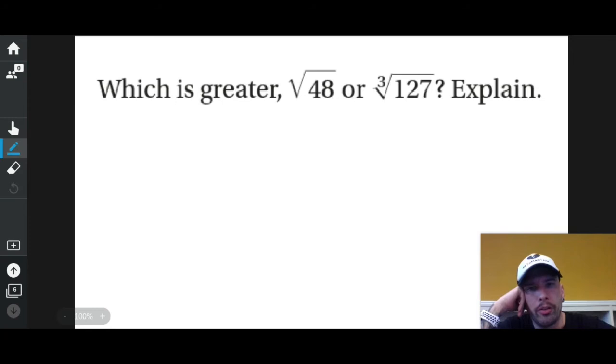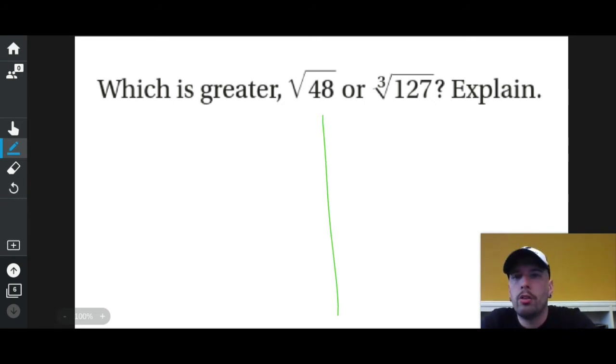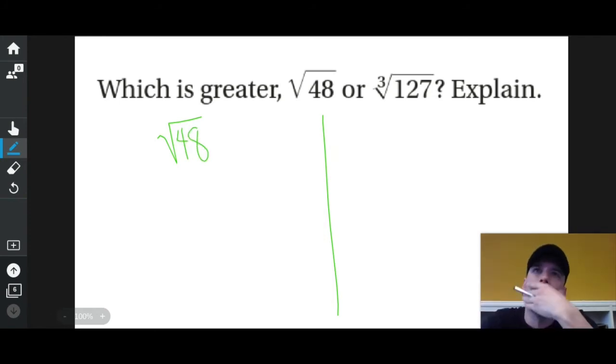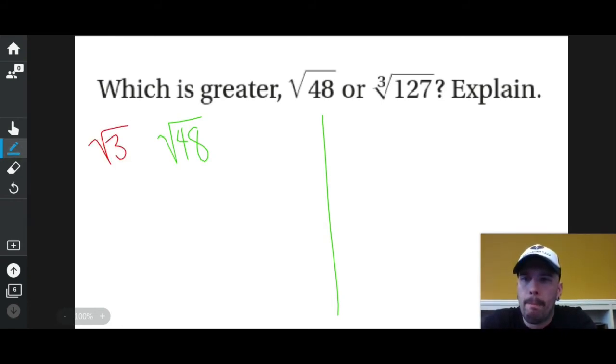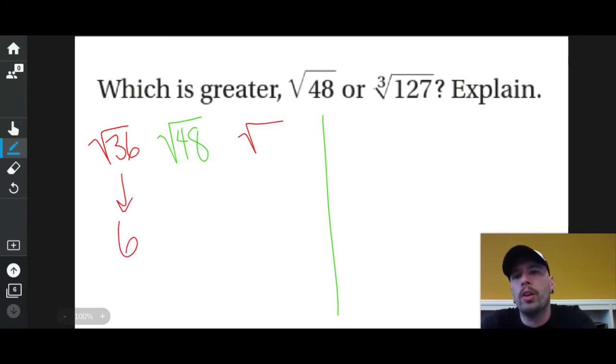Which is greater, the square root of 48 or the cube root of 127? Let's find out. Let's split these in two. Square root of 48. I don't know what the square root of 48 is. But I do know that the square root of 36 is 6, and the square root of 49 is 7.